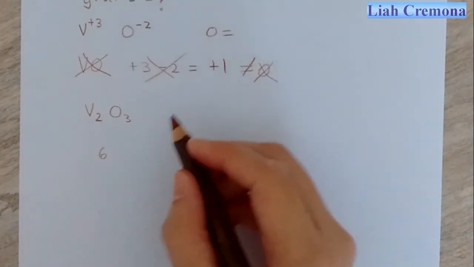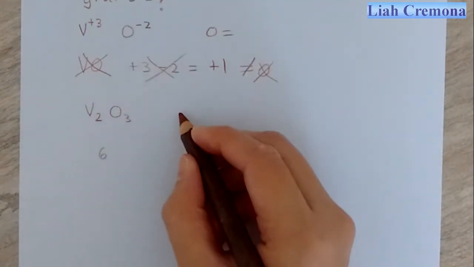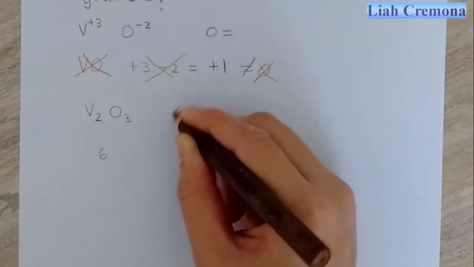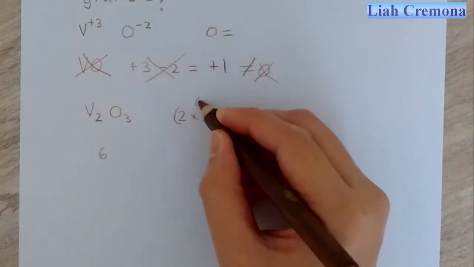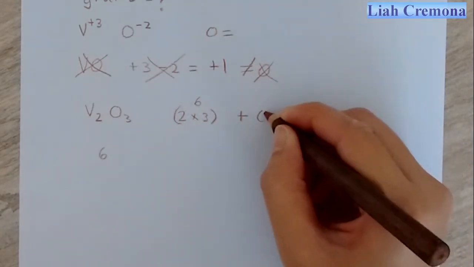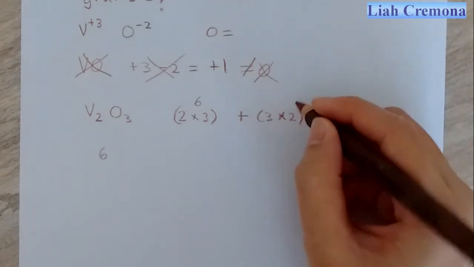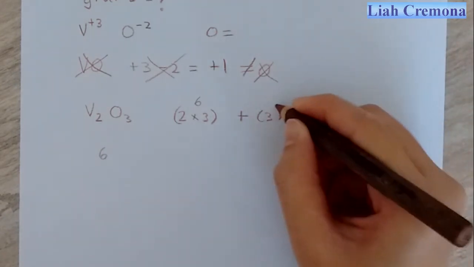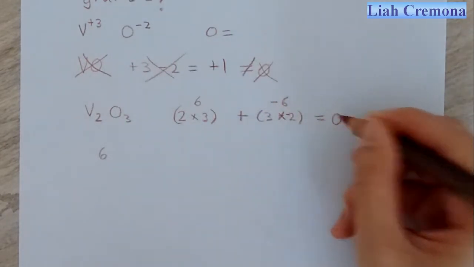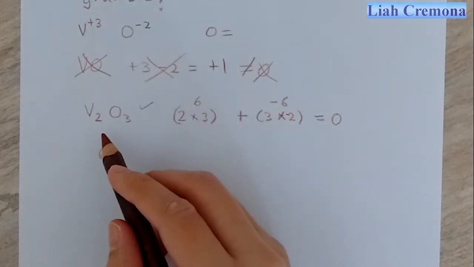So now, when we recheck the charges, if we have 2 positive 3's, so 2 times 3, which is 6, plus 3 times -2, which is -6. 6 minus 6 is 0, which is the correct formula for vanadium 3 oxide.